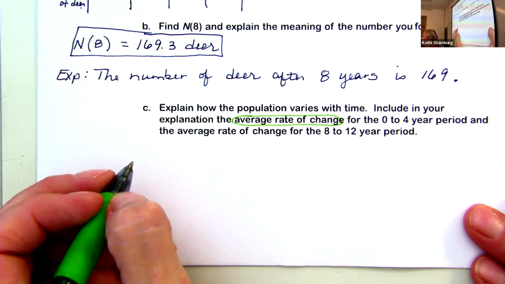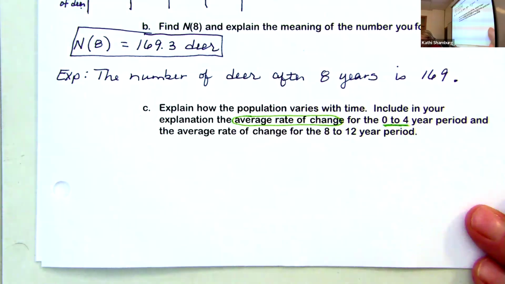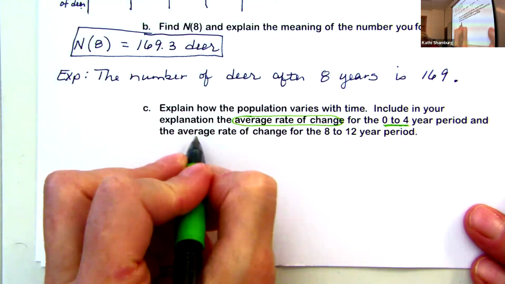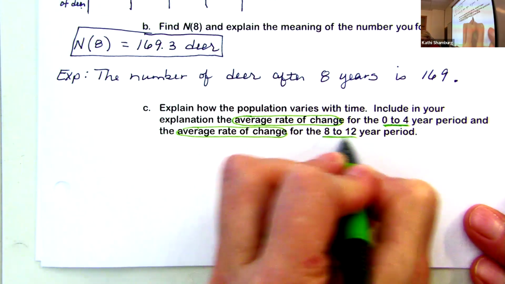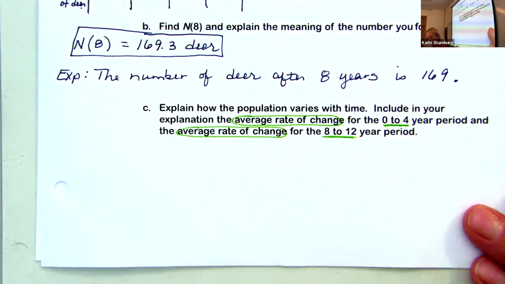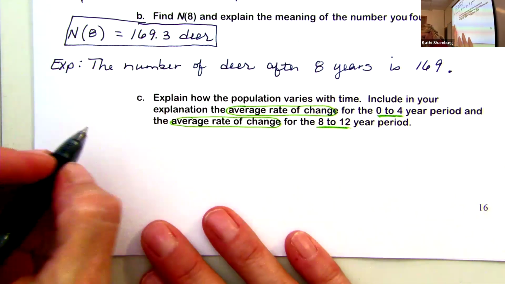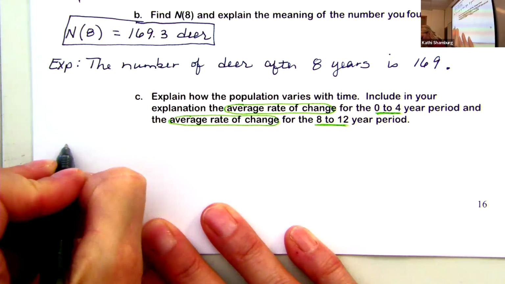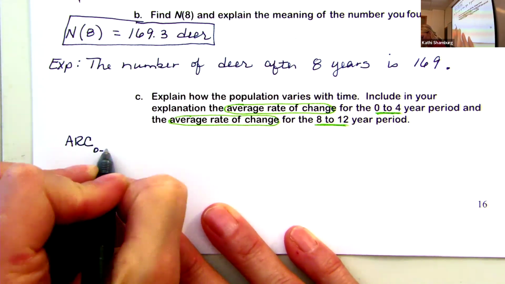We still are going to do this, so you need to learn how to do it. From 0 to 4 years, and then the average rate of change 8 to 12 years. Okay, all right, so the first one, average rate of change 0 to 4.